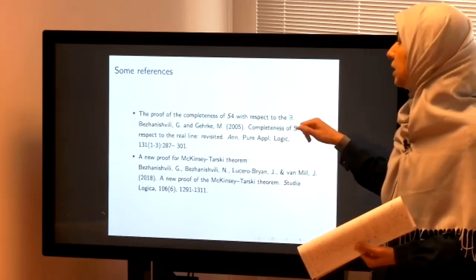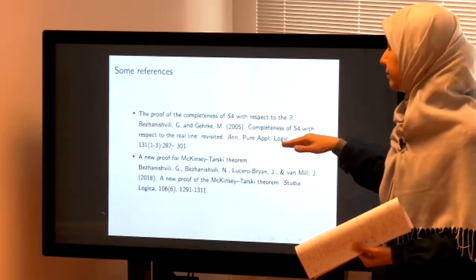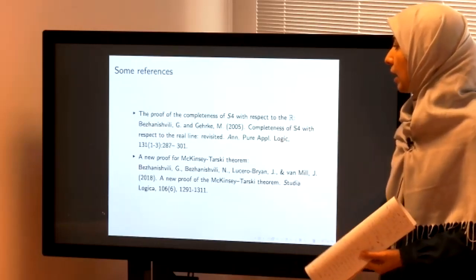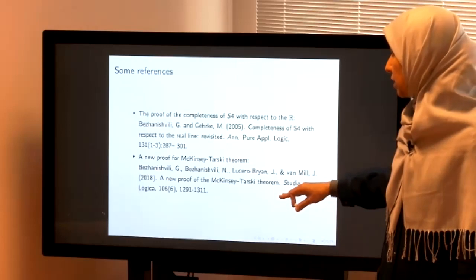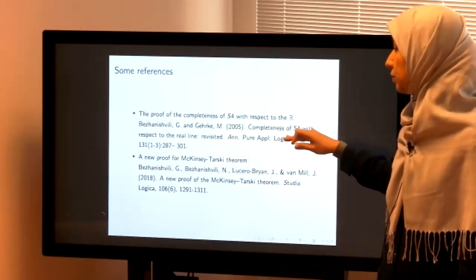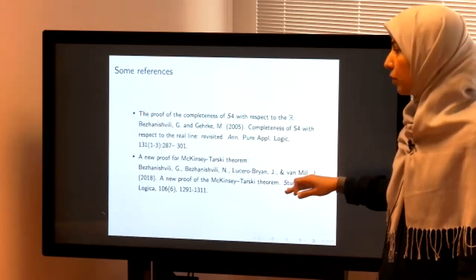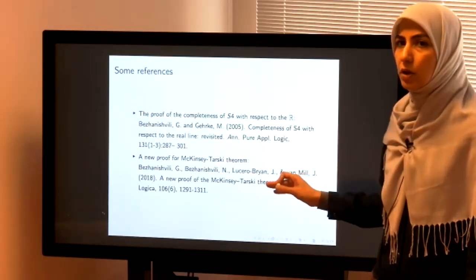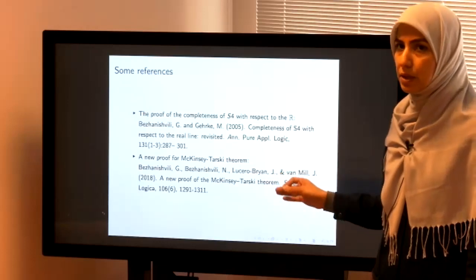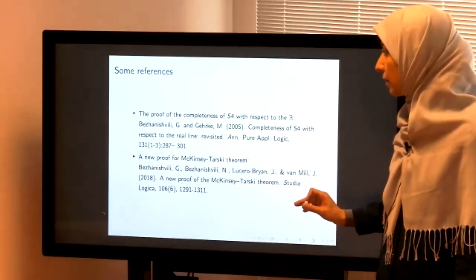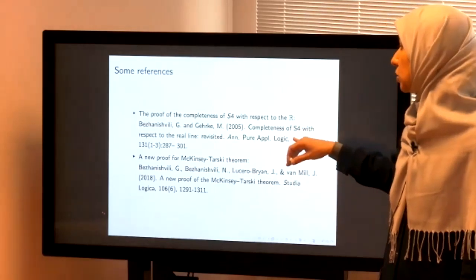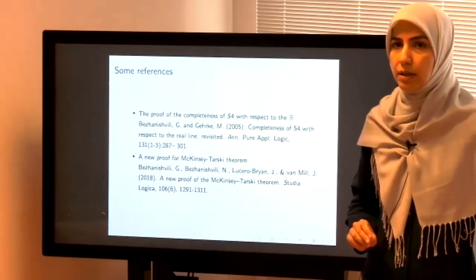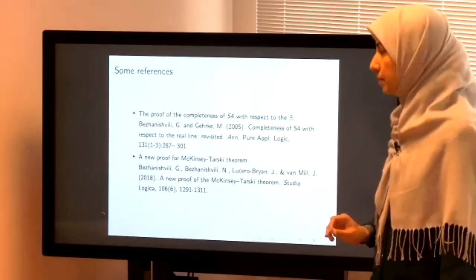I'm going to use the one that is proposed in this paper. Also, in this one, they mimic the proof proposed in this paper to provide a version of the McKinsey-Tarski theorem for any dense-in-itself metrizable spaces. So I think it's a good idea to be familiar with the idea of proving this theorem from this paper.